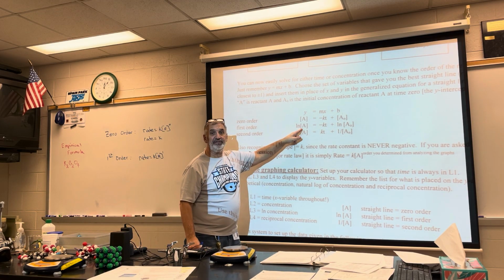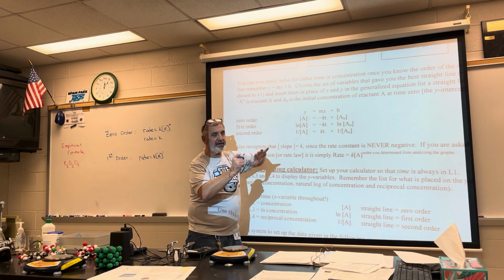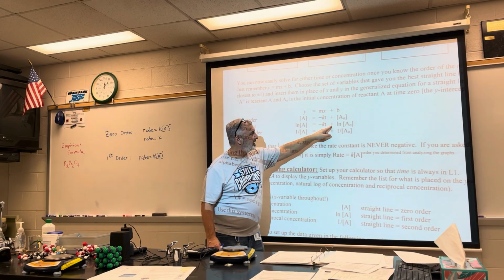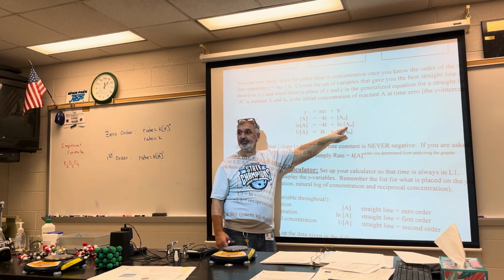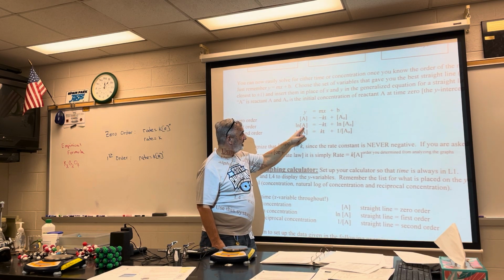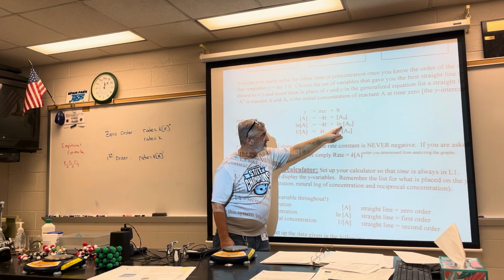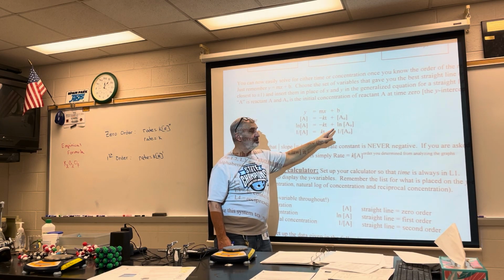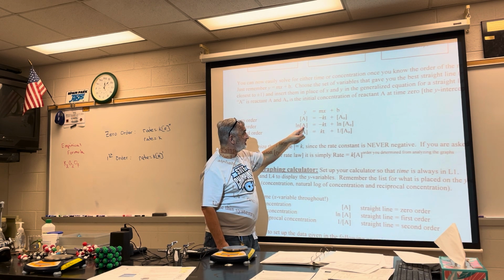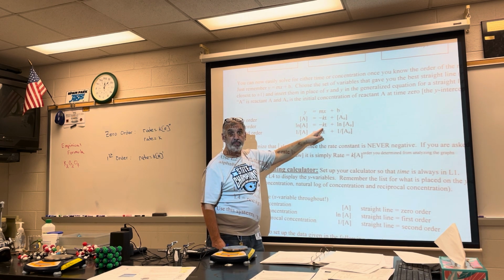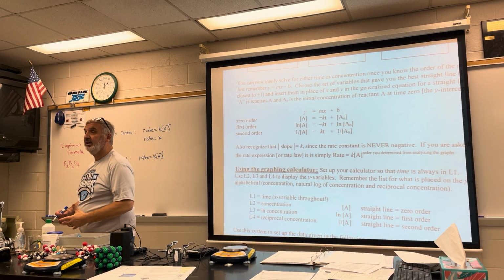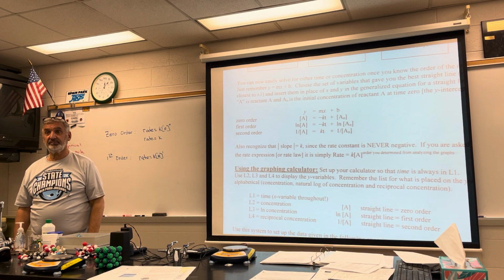The natural log of A, you rearrange it to this, is equal to negative KT plus the natural log of the initial concentration of A. Again, Y equals mx plus B. So now if you plot the natural log of concentration versus time, and you get a straight line, then from the graph we can tell that it's a first order reaction, just from the graph.